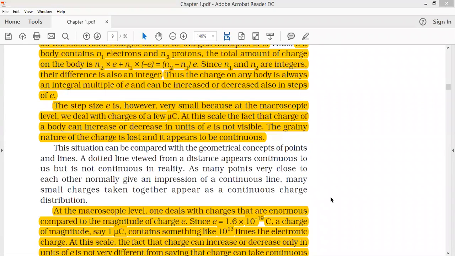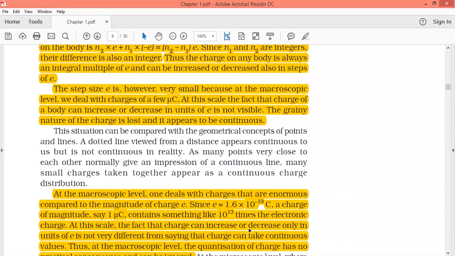So at this scale, the fact that the charge can be increased or decreased only in units of e, which is very small, is not very different from saying that charge can take continuous values. Just now we discussed that the steps are so small that it is visualized as continuous.